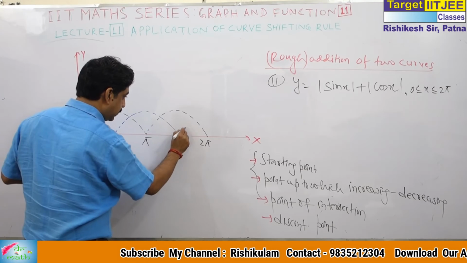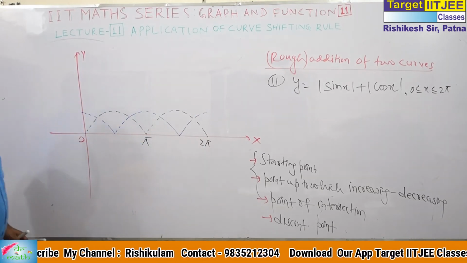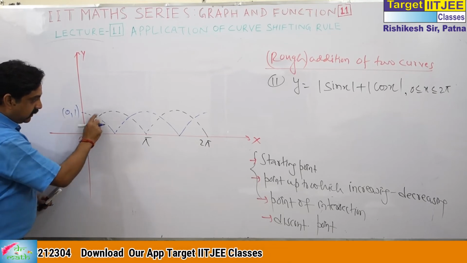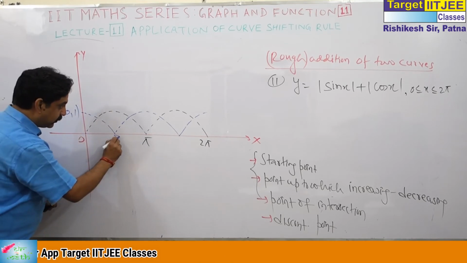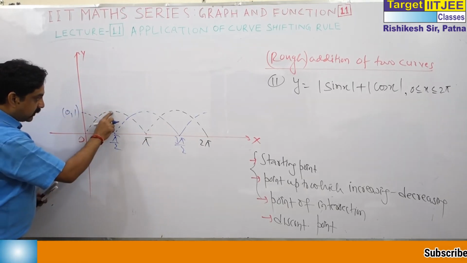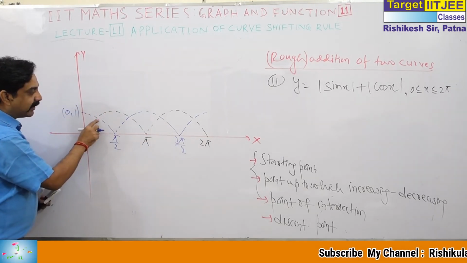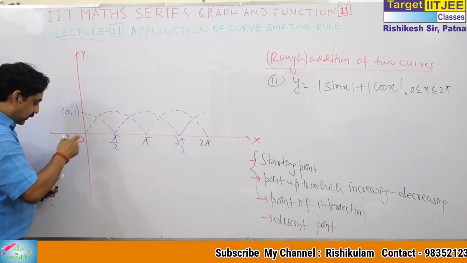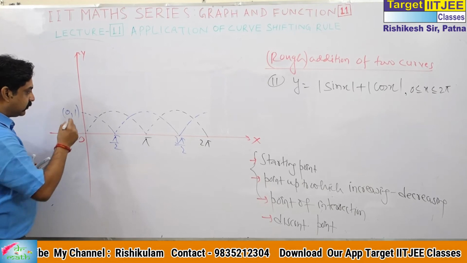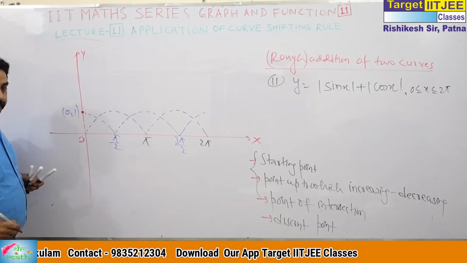From 0 to pi by 2, one decreases and the other increases, up to the point of intersection. So we take a starting point. At the starting point, this is 0, this is 1, 0 plus 1 is 1. It starts from here, 1.